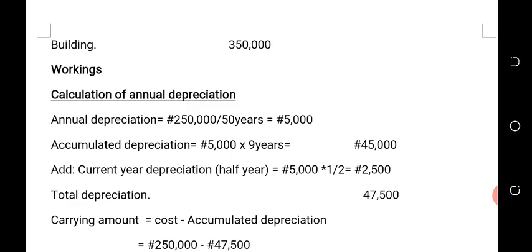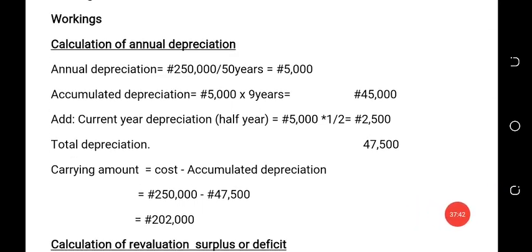So half a year multiplied by 5,000 naira will be 2,500 as our current year depreciation. So our current depreciation will affect our current year 2019. When we add the current year depreciation to our accumulated depreciation, our total depreciation will be 47,500.